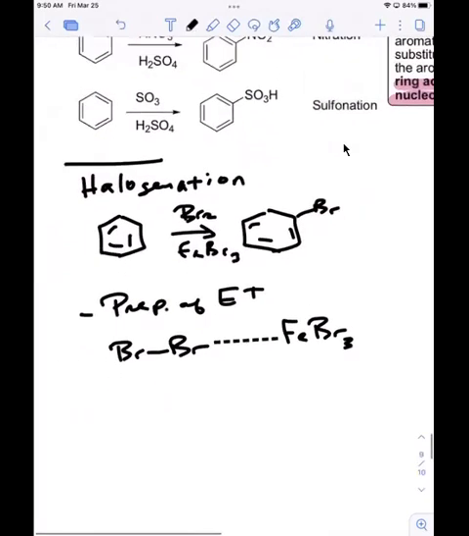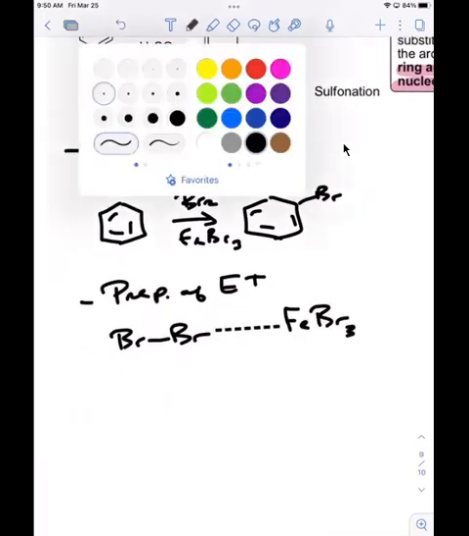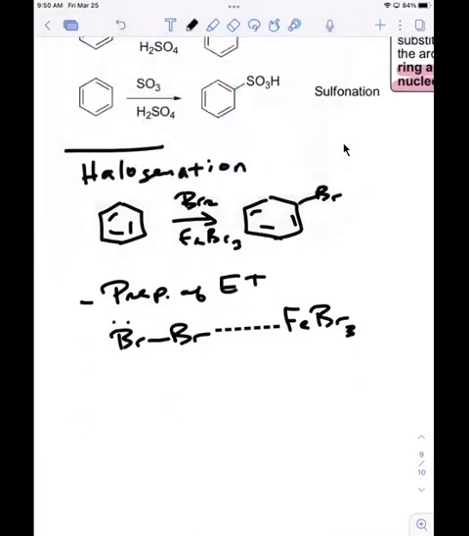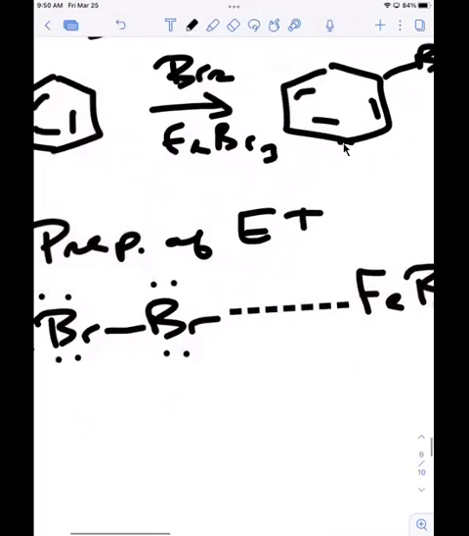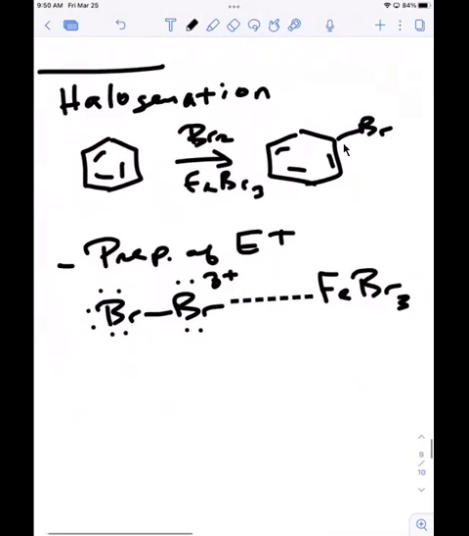So you get this iron bromine complex. The way it coordinates, obviously, it has some lone pairs around it. Right? So then this bromine becomes partially positive, and now that's my electrophile.